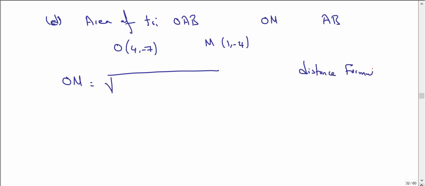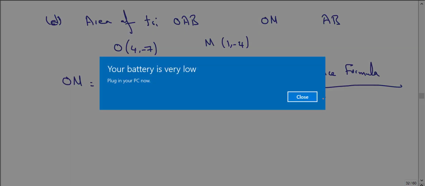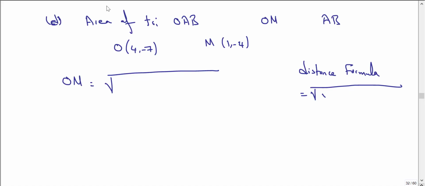The distance formula is the big square root of x2 minus x1 all squared plus y2 minus y1 all squared. So I was saying find distance OM. You must memorize it.